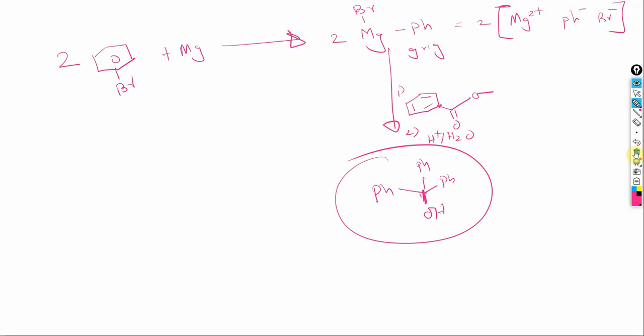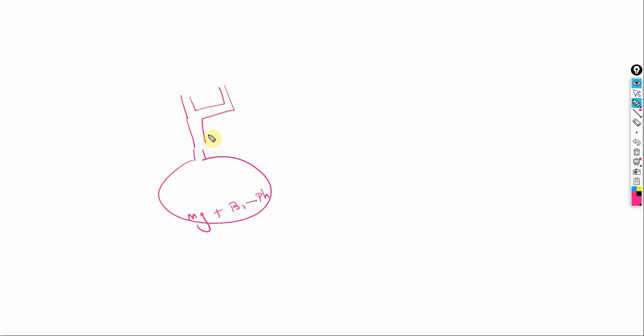Now in terms of how this reaction is done, what you're going to do is, I will switch to the setup. You'll be taking a round bottom flask, and you will be adding magnesium metal to that, and you will be adding bromobenzene, or phenyl bromide, to that. And then you're going to put a Claisen adapter, which is going to look like that, right?